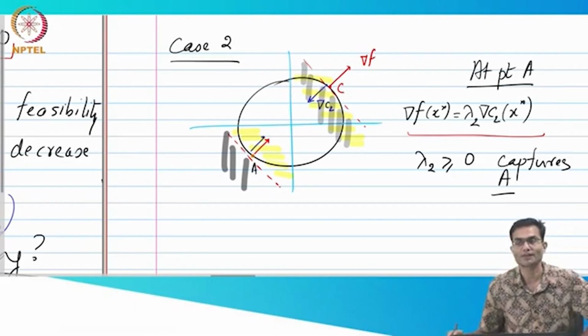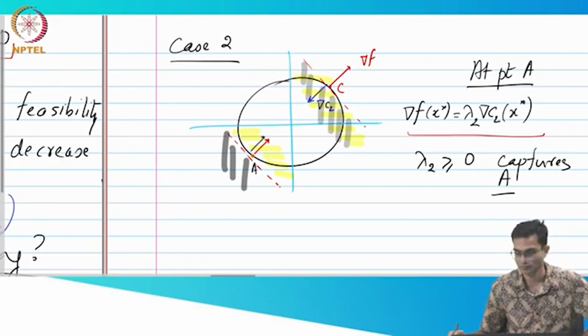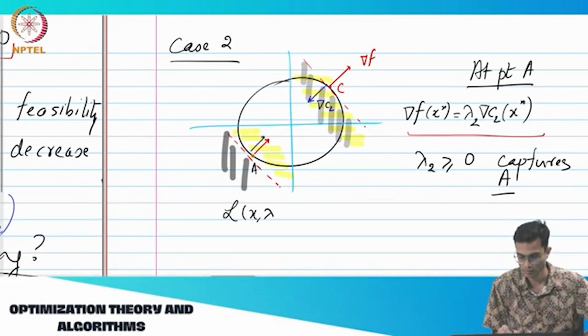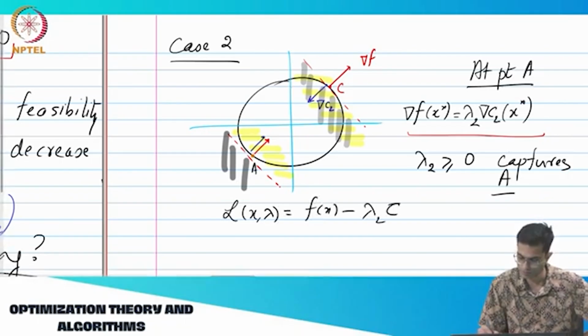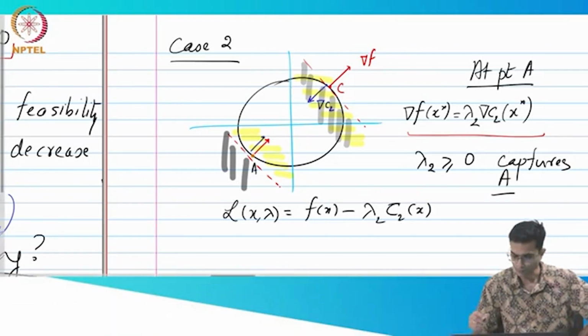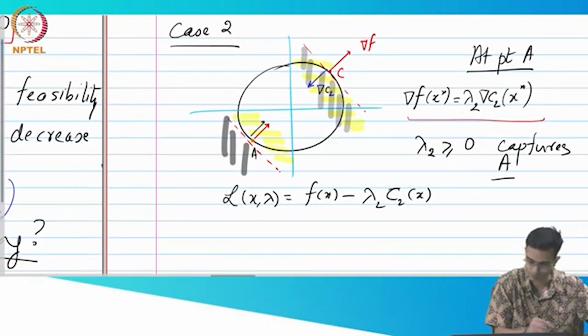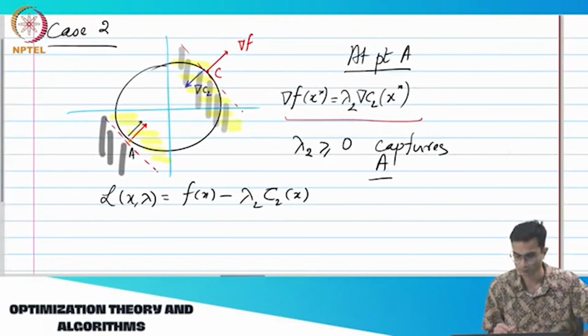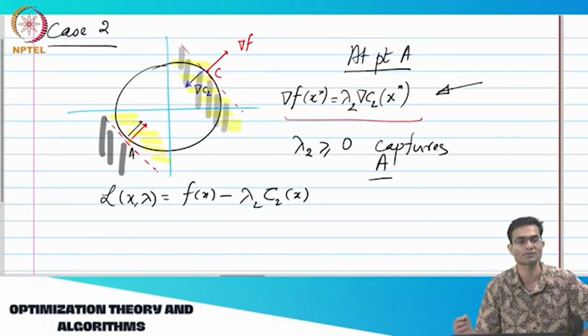Now, in terms of the Lagrangian, how do I write this? Remember, Lagrangian was f of x minus lambda 2 C2 of x. Now, I want to capture this case using the Lagrangian. What is the first thing I can say? I want to capture this condition. How do I capture it?